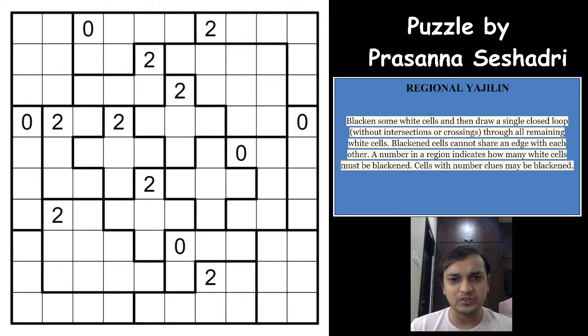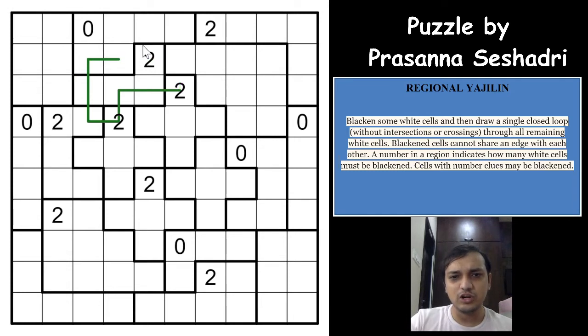So coming on to the puzzle, according to the rules, we have to shade some cells black in the grid in such a way that all the unshaded cells in the grid have to be passed by a single non-intersecting loop, right? So for example, this is the single non-intersecting loop.